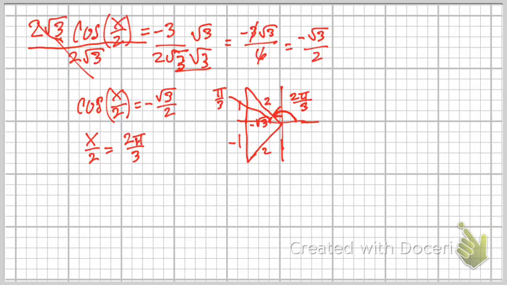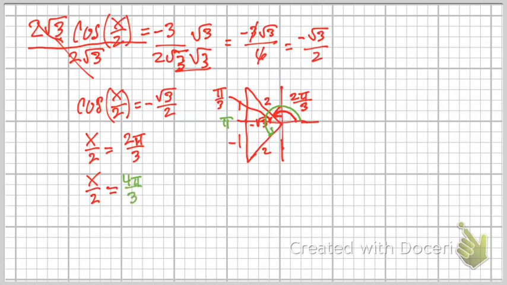And now I want to find all the answers, so we're going to see what that means too. So now I'm also going to get x over 2 is also going to equal, I'm going to have to go further than that one now, change my color. And now I'm going to go from here all the way down to there, and that's going to be 3 pi thirds if I was at pi. And then I go a pi thirds more, so this one's going to be 4 pi thirds.